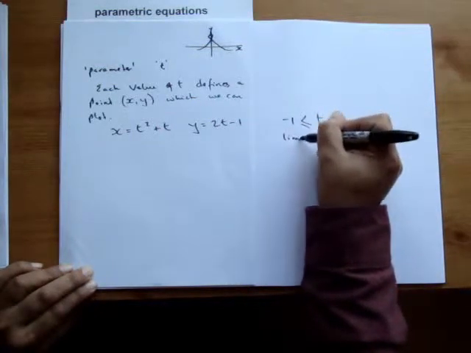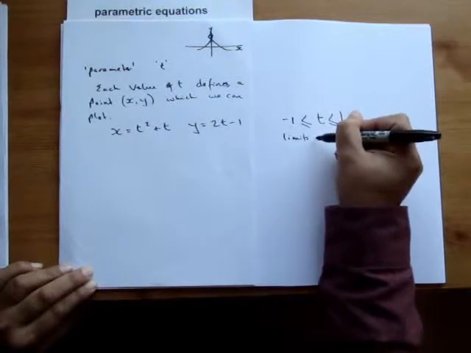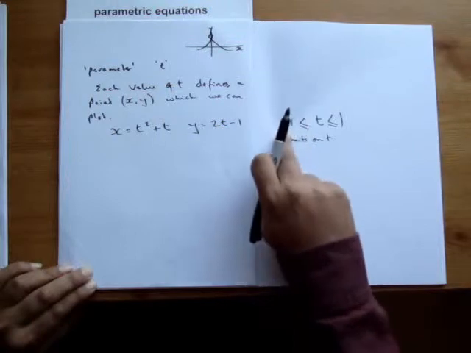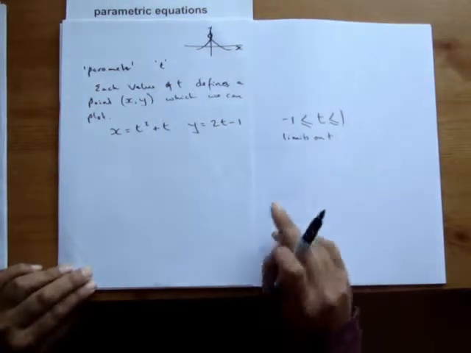So this is limits on t, and we can't go over minus 1 and 1.